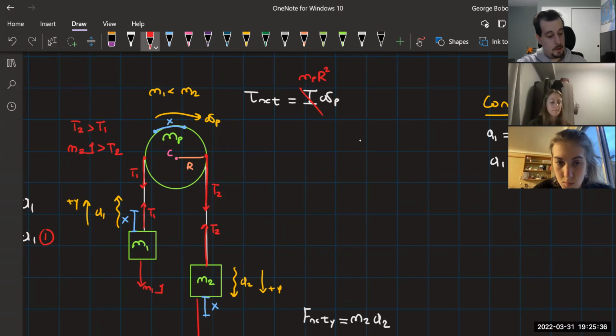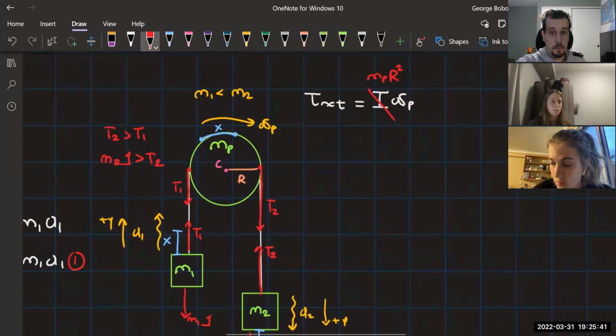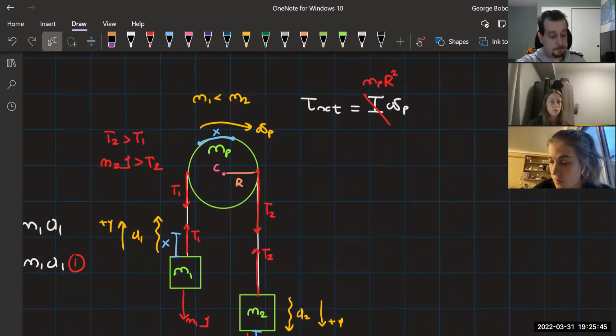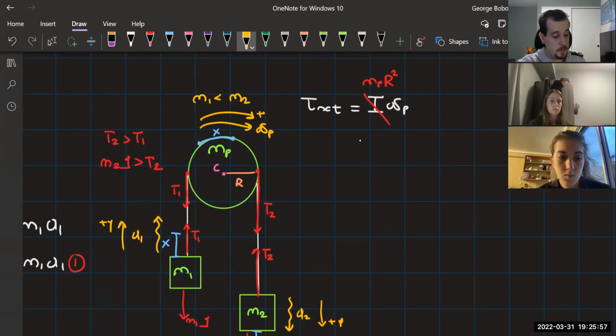Now, how many torques are acting on that hoop right now? 2. And based on our acceleration, positive torque is this way. Which one is trying to spin the wheel clockwise? Think again.